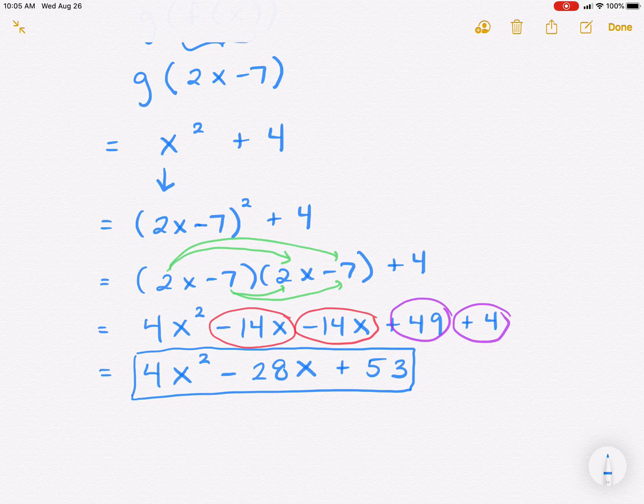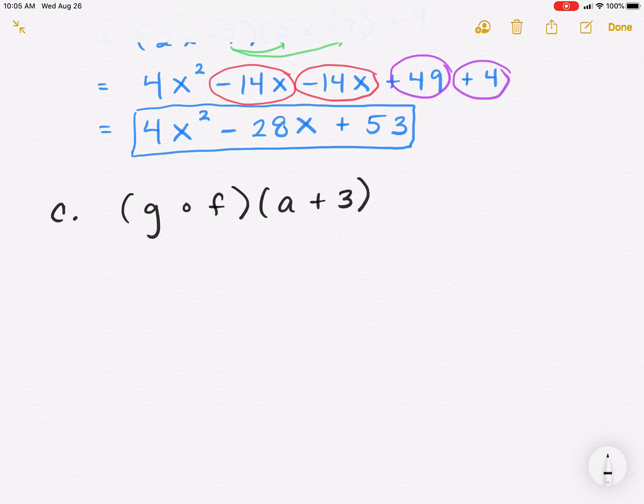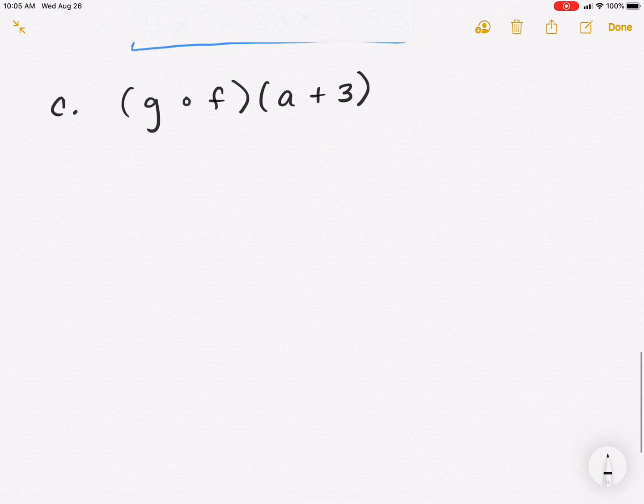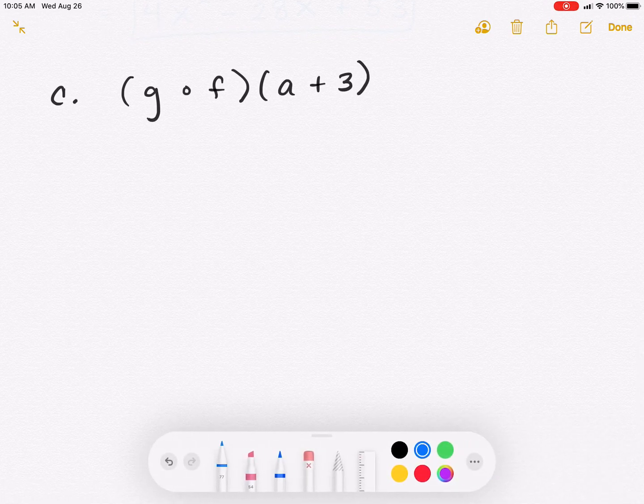We are going to try, for part C, g of f of a plus 3. Okay.